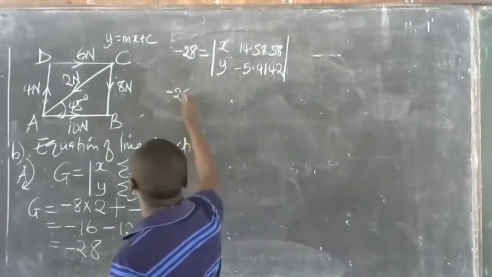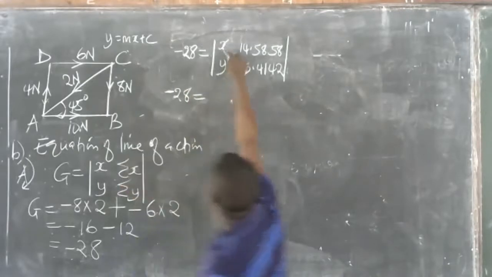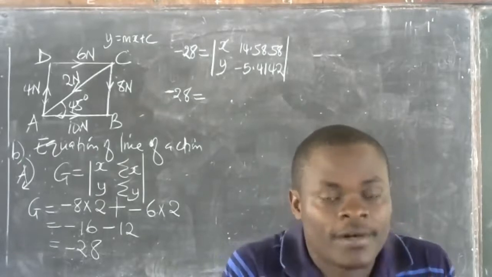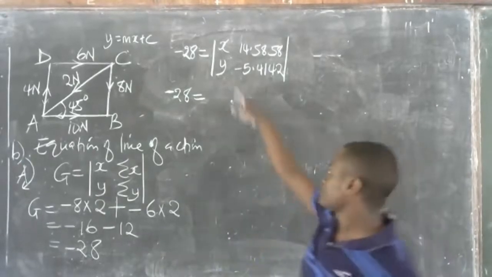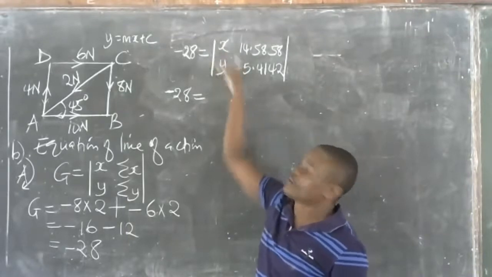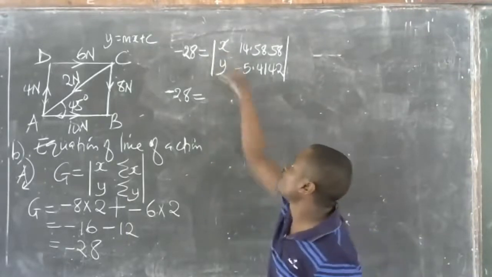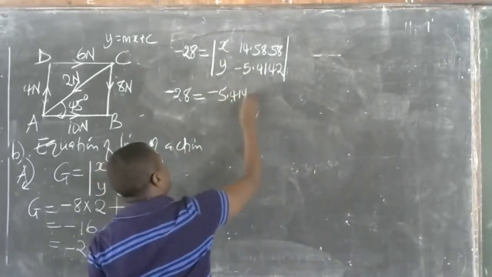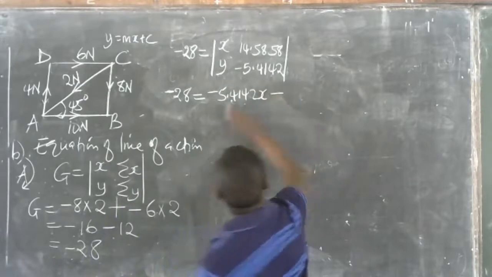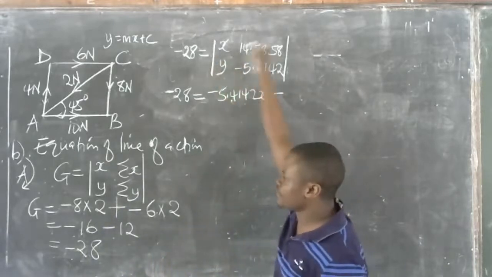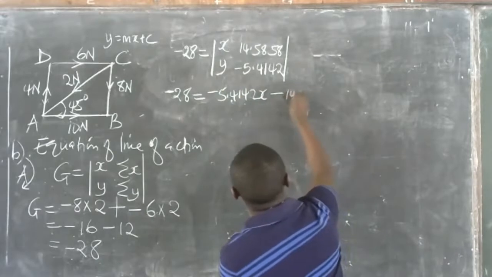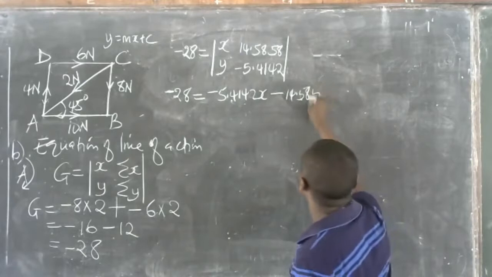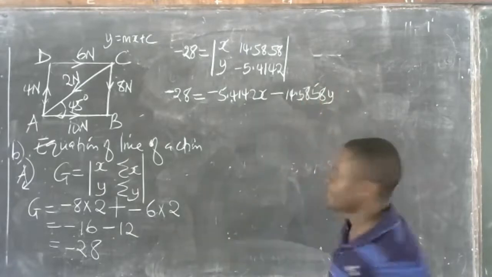So negative 28 is equal to, you know how we get the determinant from O level? We get the cross product: the product of elements in the leading diagonal, x times 4142, minus the product of the entries in the secondary diagonal, minus 14.5858y.